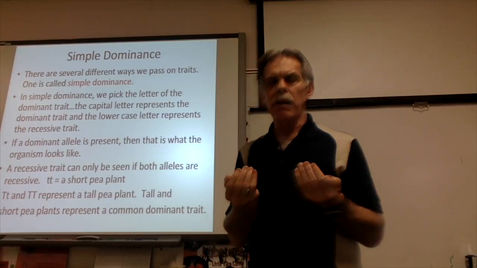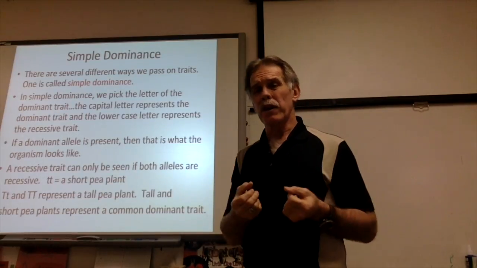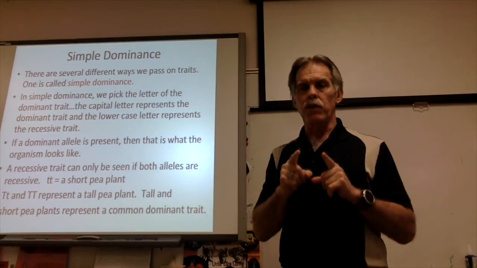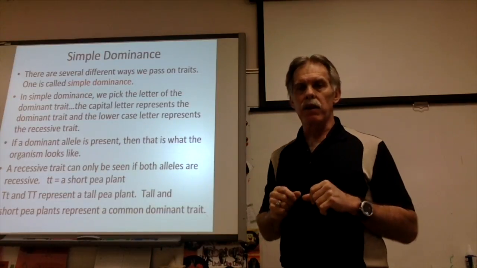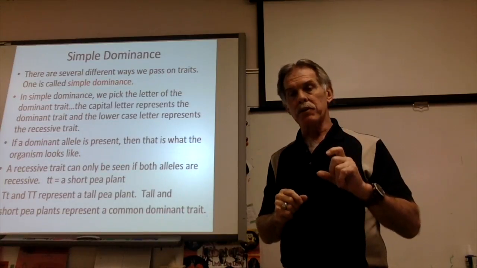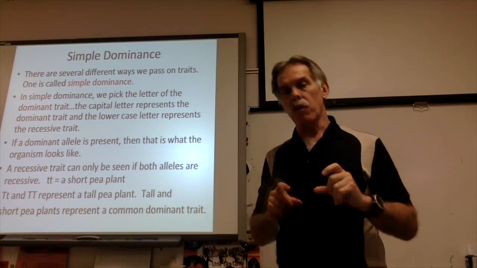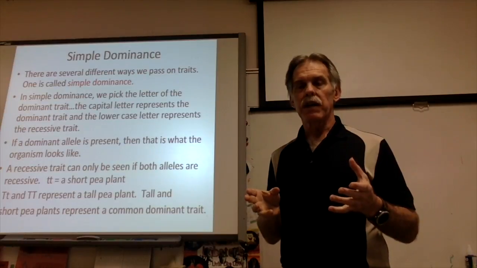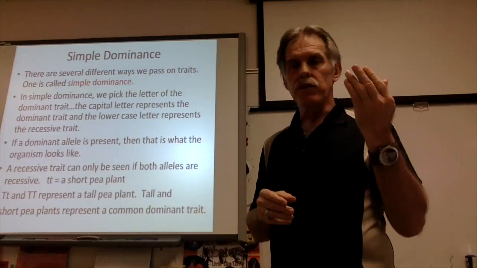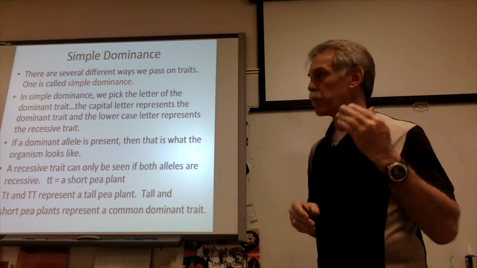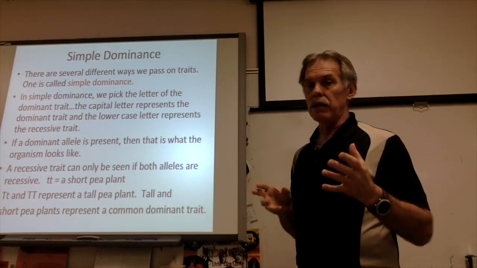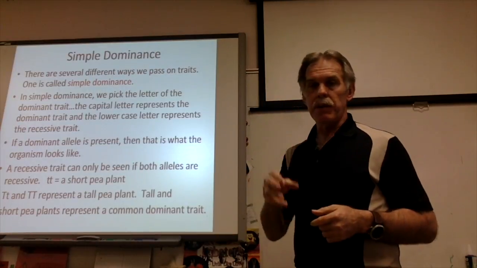Now, we keep talking about these letters. There is a little bit of a trick to that. Whenever you see a simple dominance problem, look for the dominant trait. That's the letter we're going to use for the trait. The capital represents the dominant trait, and the lowercase represents the recessive. And that's pretty standard. So always try to look for the dominant trait and use that letter for simple or complete dominance. So again, if a dominant allele is present, you're going to be that phenotype.